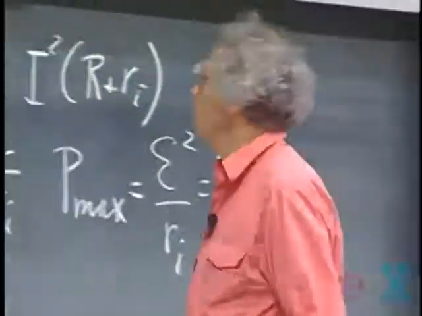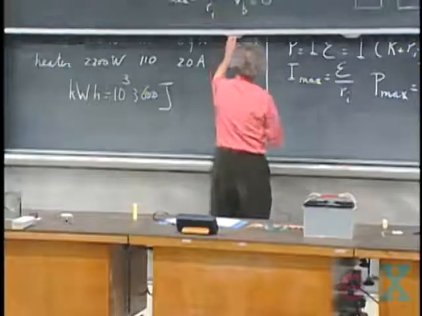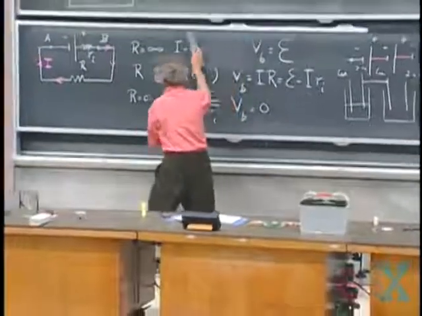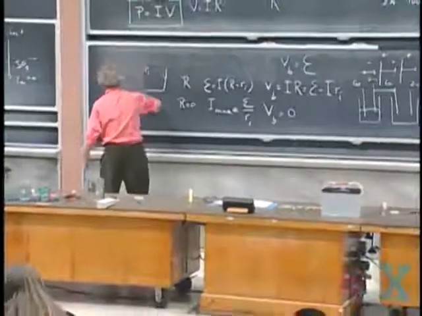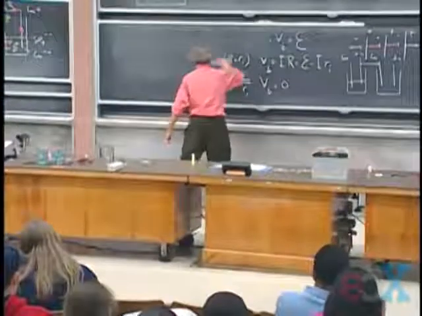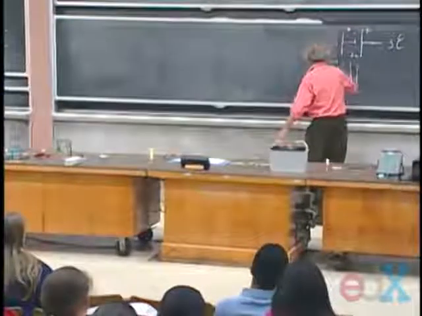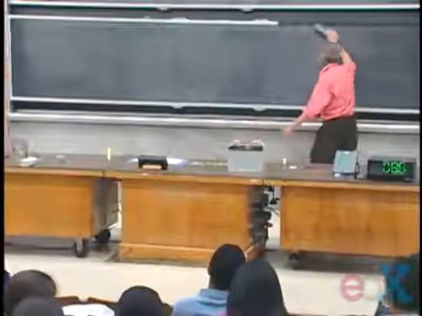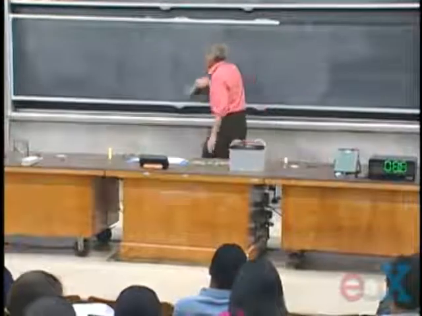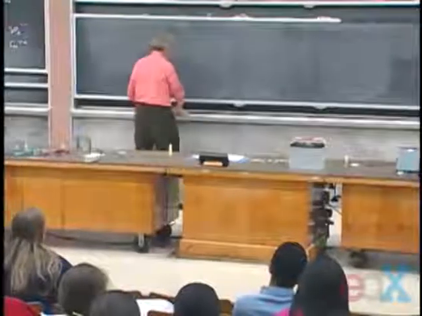Now I want to take a look with you at a network which consists of resistors and batteries. And this is the kind of stuff that you see on homework, assignments, and perhaps on exams.